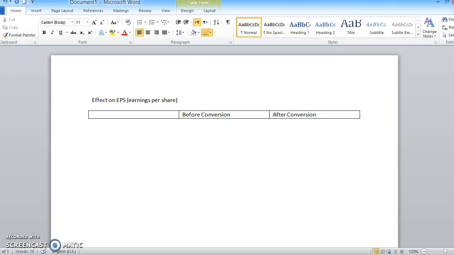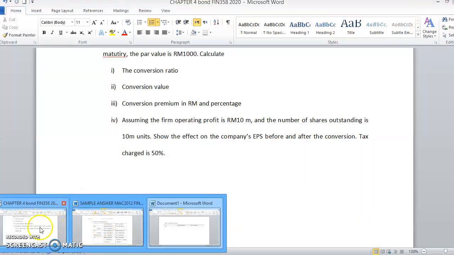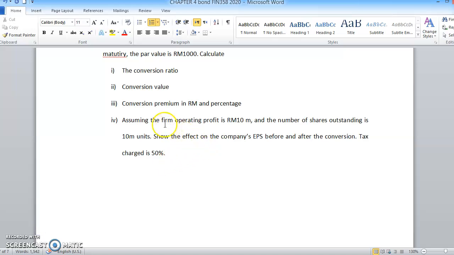Okay. So the next part is we state here what is the EBIT amount. Of course, you have to refer back to the question. So operating profit is RM10 million. So this is your EBIT. Another name for EBIT, of course, is the operating profit.